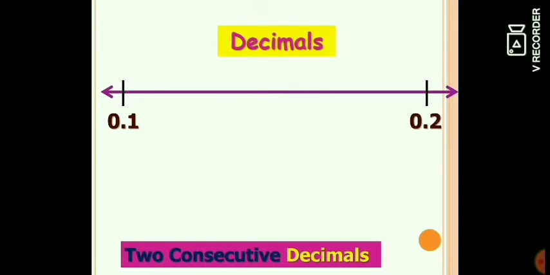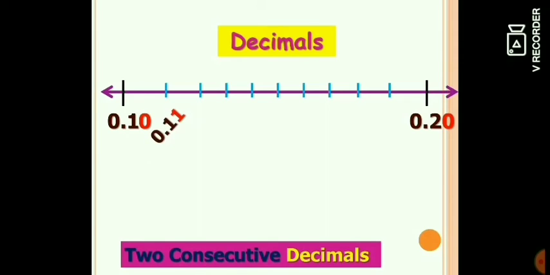We said before we can add 0 on the right in decimals because it doesn't change the value. So we will add 0 on the right after the 1 and 0 on the right after the 2, just like that. And now we can start to count after 0.10.